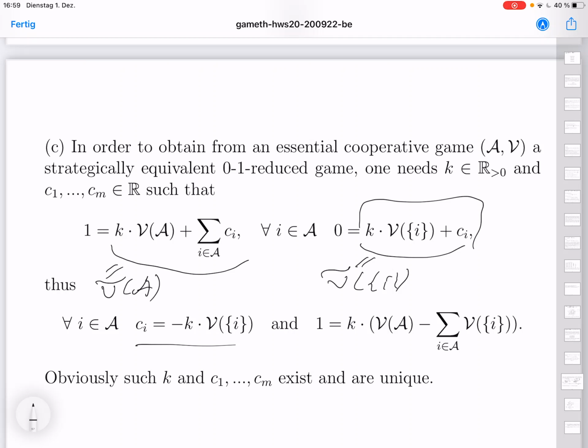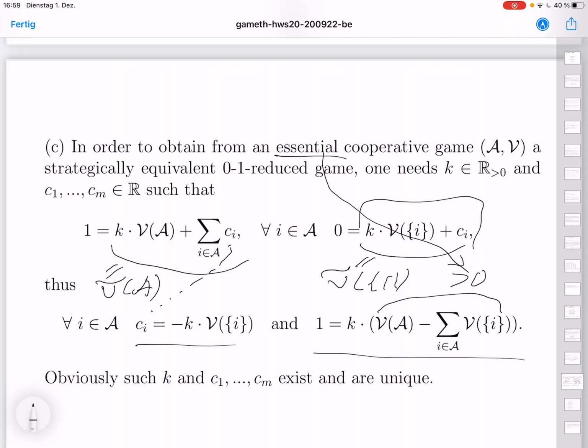And if we now put this constant Ci into the first formula, then we get the formula here on the lower right side. 1 is equal to k times this difference of the coalition value of the total coalition minus the sum of the coalition values of the one-player coalitions, which is positive because the game is essential. And now this equality determines k.